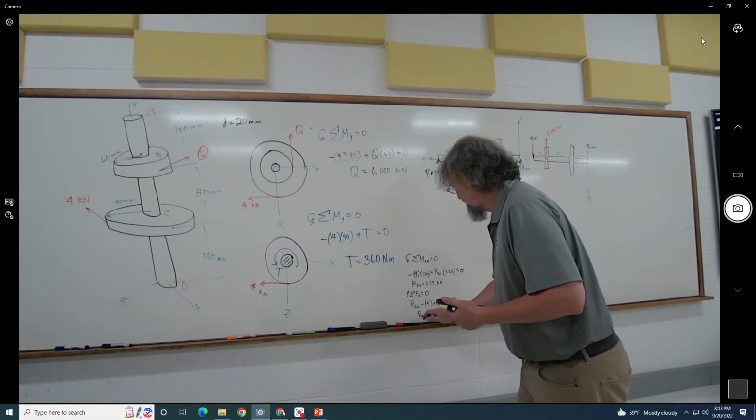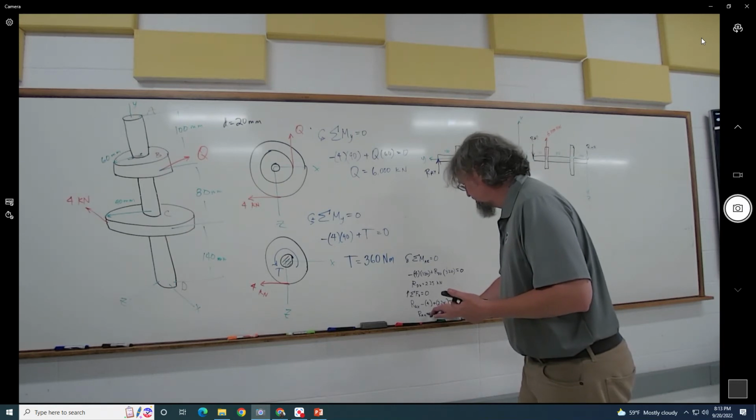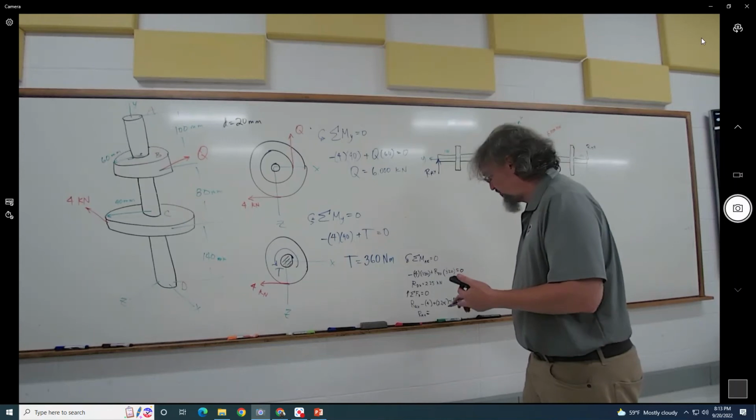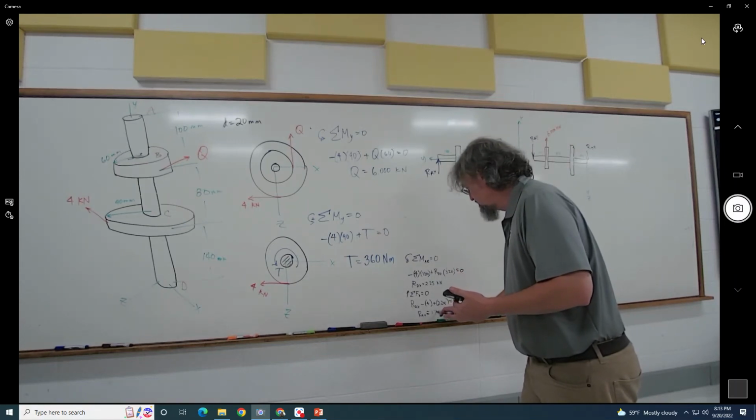So our RAX is equal to 1.75. Should be able to do it in my head.